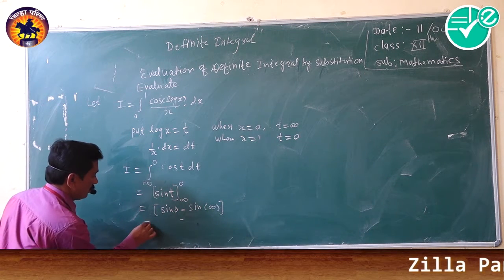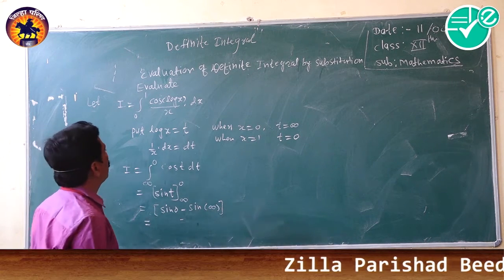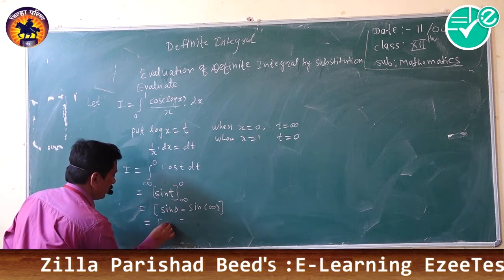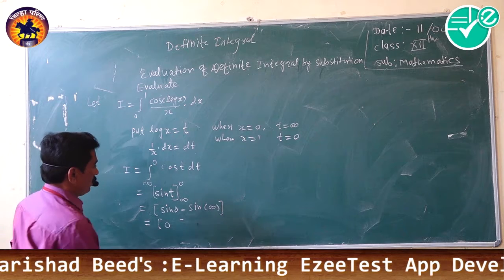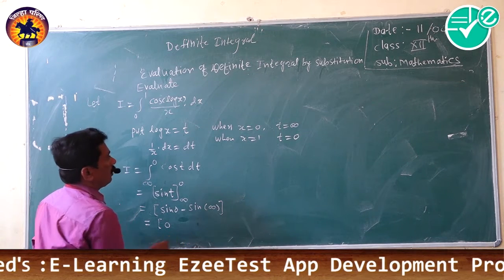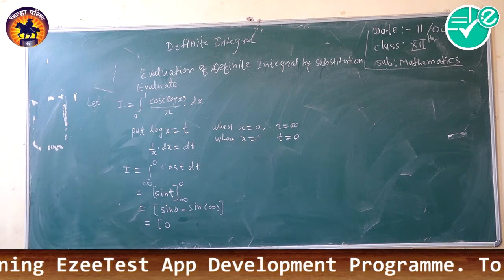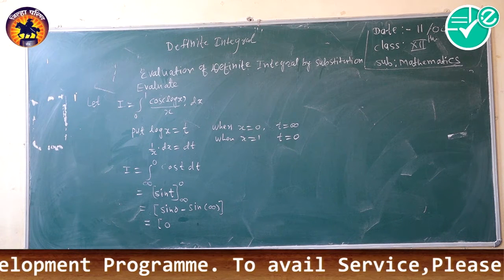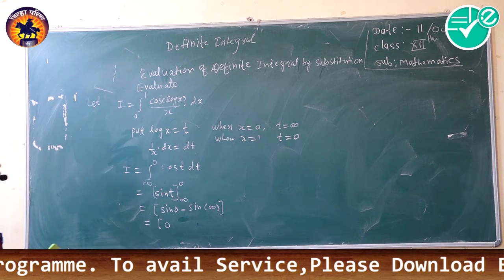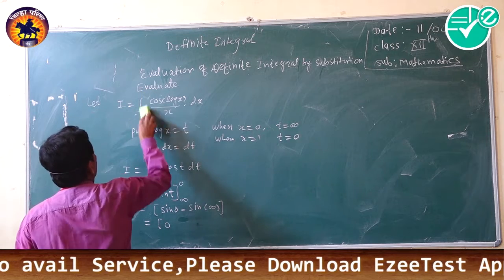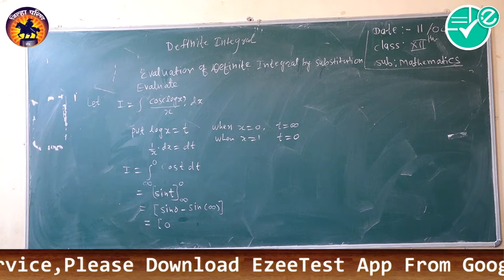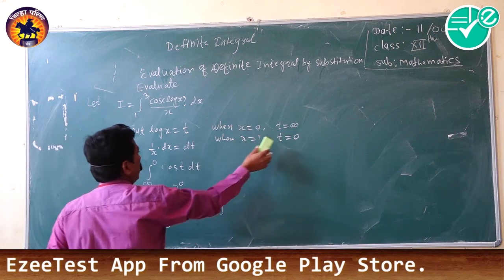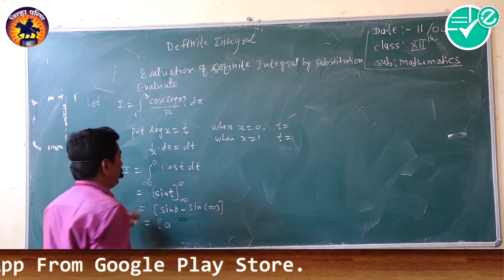So this is equals to sin 0, it is 0, and sorry, their limits are for this 1 to 3. That's why we are coming there infinity to 0.